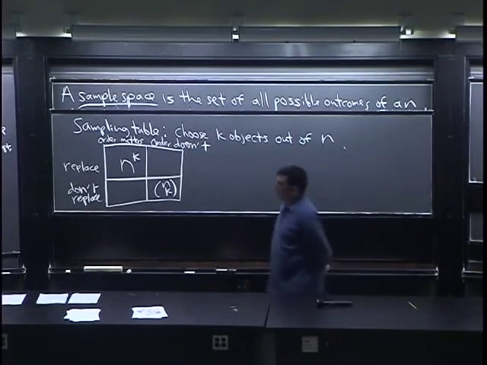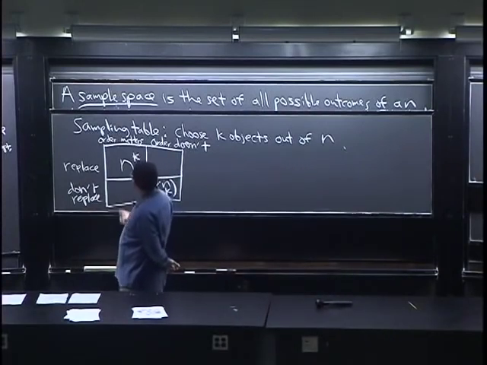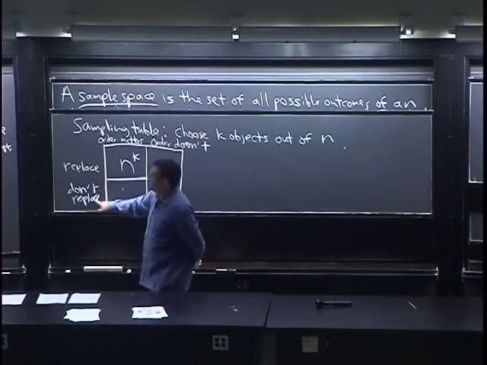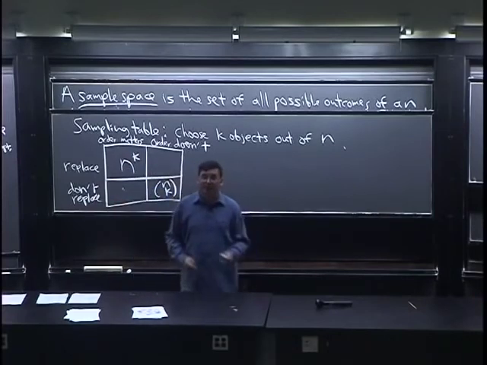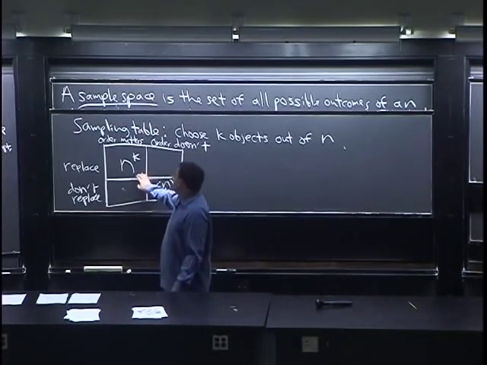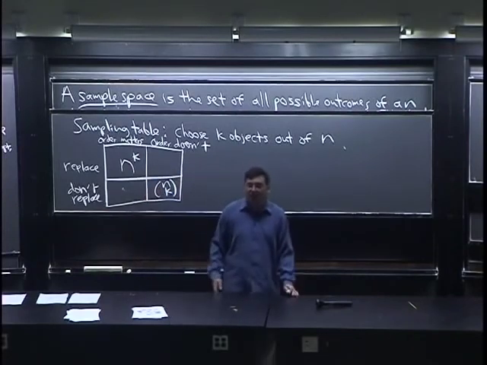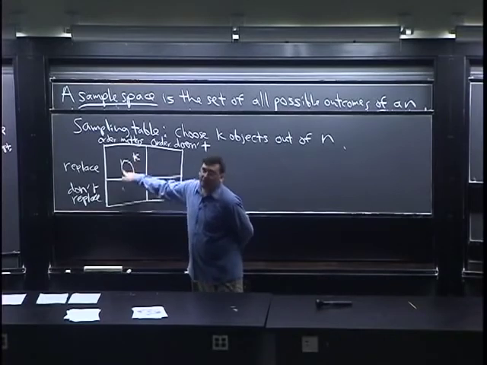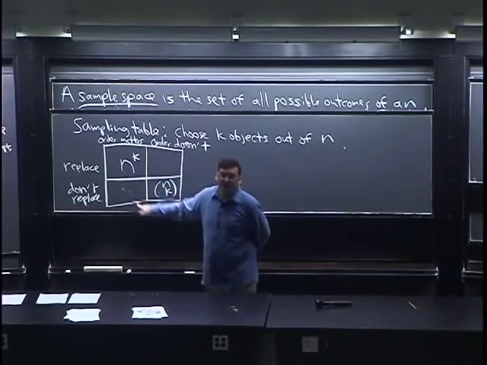Okay? Now let's think about this one. Order matters, and we pick without replacement. Again, it's immediate from the multiplication rule. So you don't have to memorize this table. I want you to understand why this is immediate, this is immediate, this is immediate.